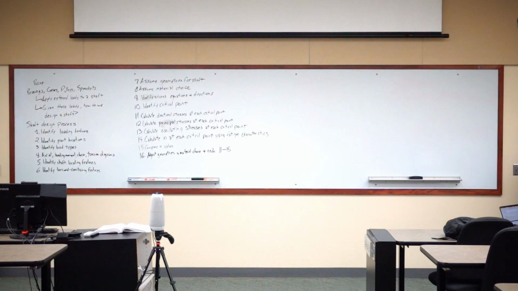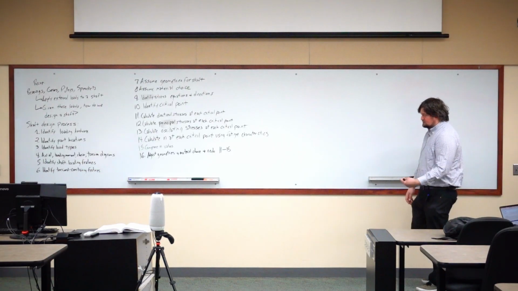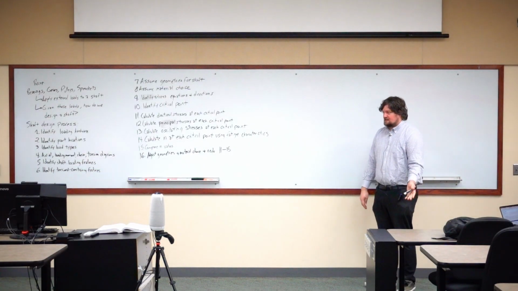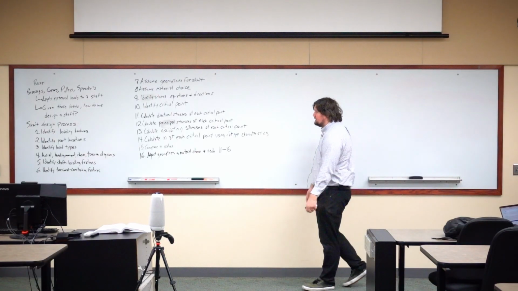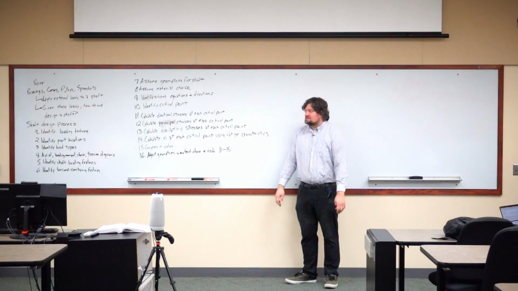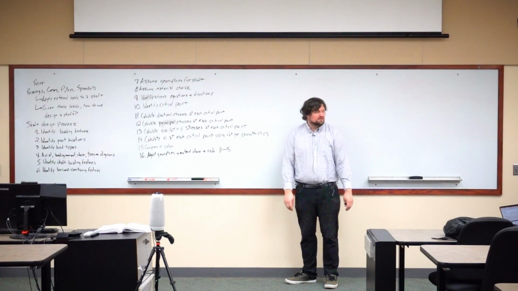Okay? So this is a lot of process in order to design a shaft. But this is why designing a shaft is one of the most complicated parts in machine design. Okay? We aren't just simply throwing things on a rod and seeing what happens.